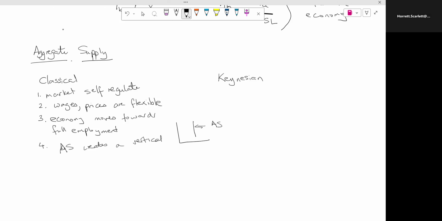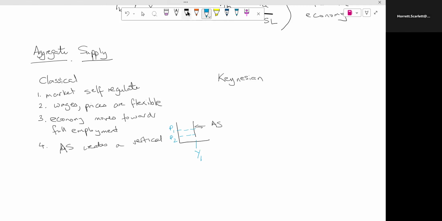And what this essentially tells us is that for any given price point, so let's say P1 and P2, if we go over, because the line is vertical, then the GDP produced at any of those price points is going to be the same. So this is the long-term view of what occurs within the economy.